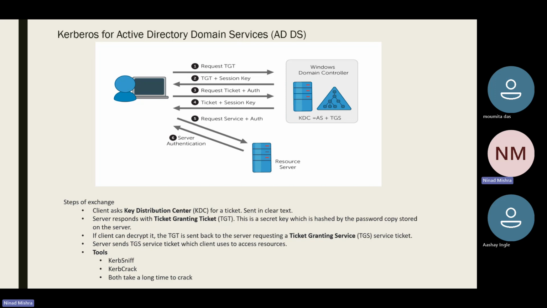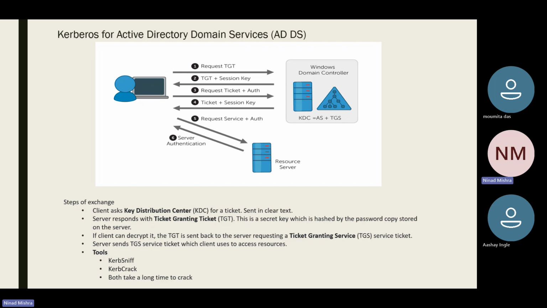If the client can decrypt it, the TGT is sent back to the server requesting a ticket granting service ticket. What do you mean by if the client can decrypt it? Basically, the client will have its public key. We will understand this in the encryption and algorithm sections.